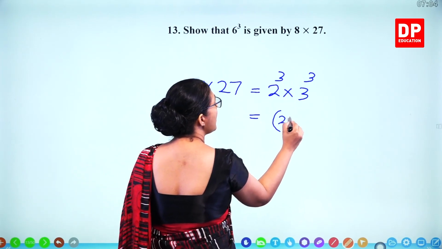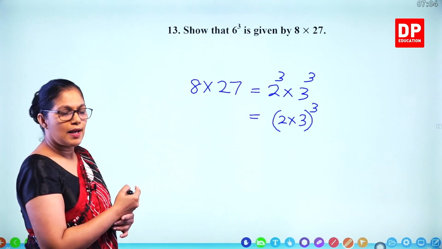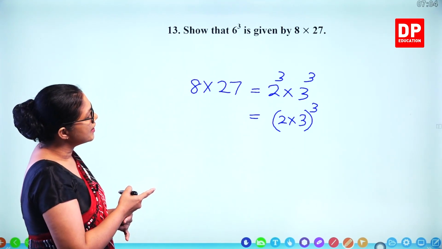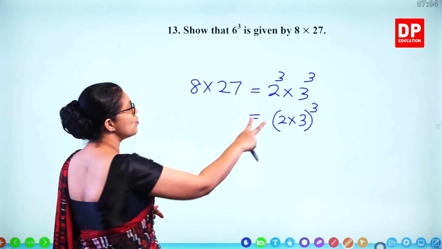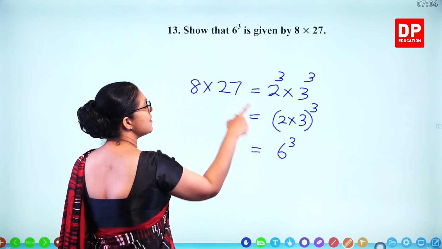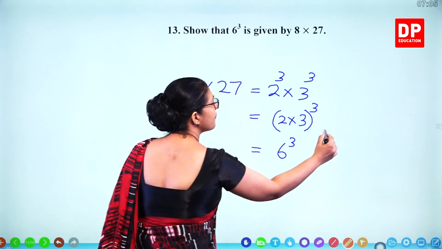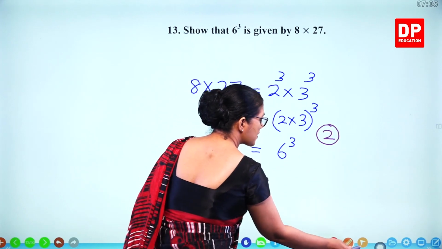So you can write this as 2 times 3 to the power 3. Power of a product. Now you can see 2 times 3 is 6. 6 to the power 3. So this is same as 6 to the power 3. You get 2 marks.